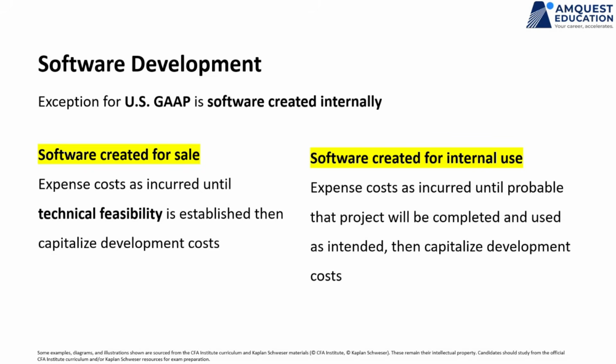And software created for internal use, expense cost as incurred until it is probable that the project will be completed and used as intended, and then capitalize the development cost. So expense initial cost for internal use software and then only capitalize the development cost. So this is for US GAAP software which is created internally. Now that could be for sale or that could be for internal use.